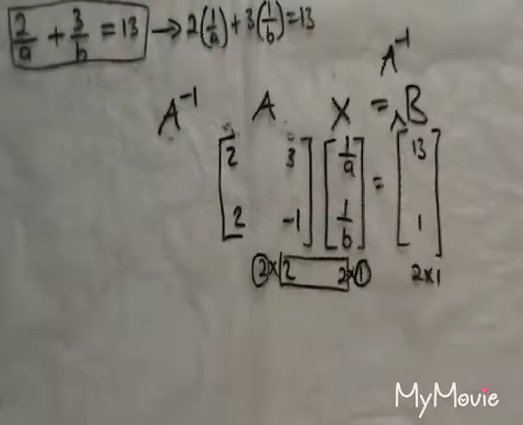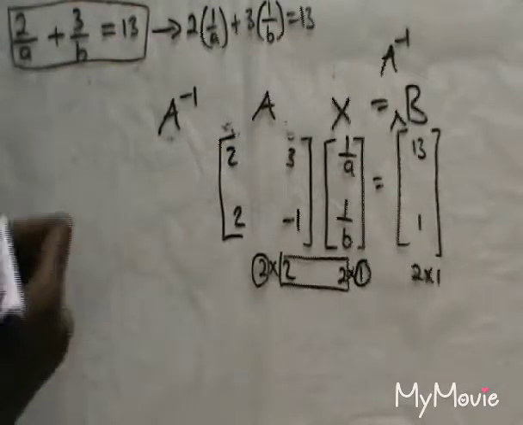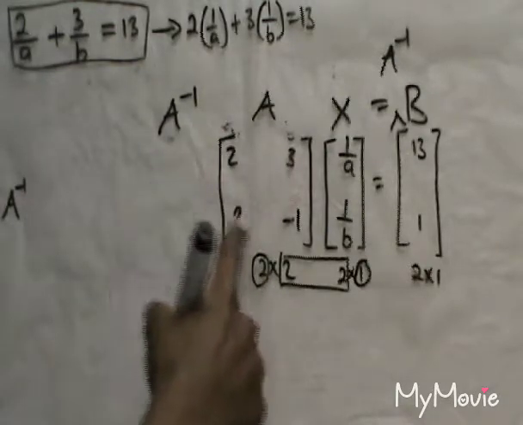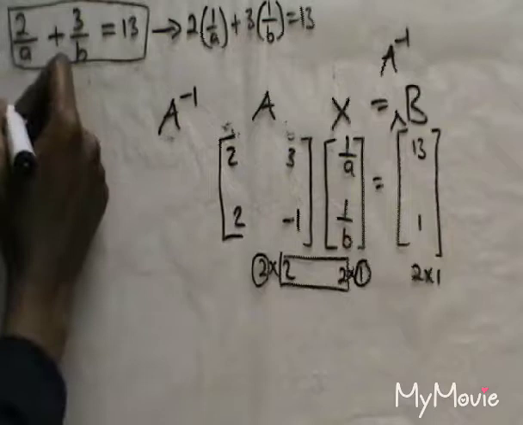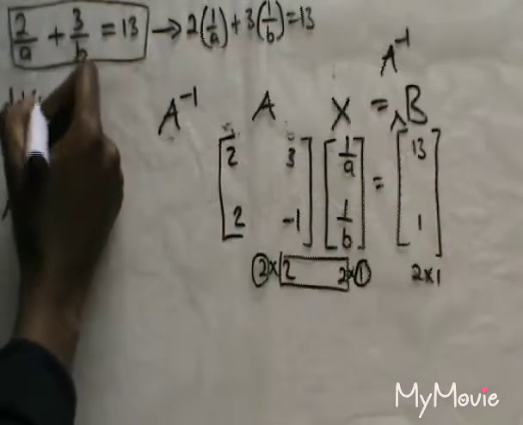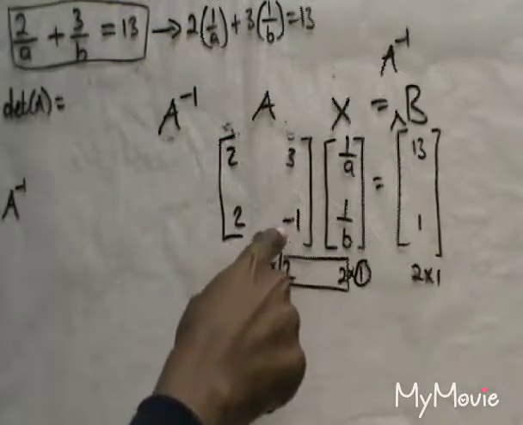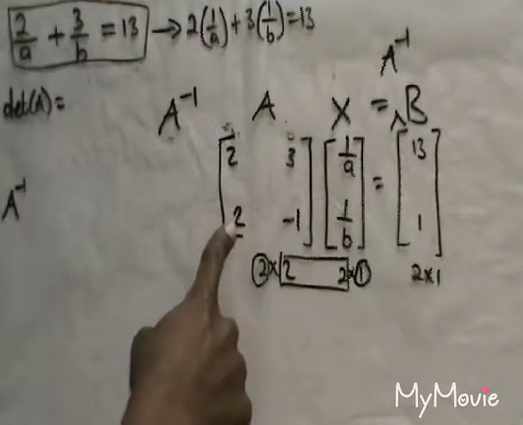Okay, so I need to find this A inverse. And if you remember, for A inverse, we said we need to get the determinant of matrix A. So the determinant of A for a 2 by 2 matrix is very simple to do. You find the product on the leading diagonal minus the product on the minor diagonal.